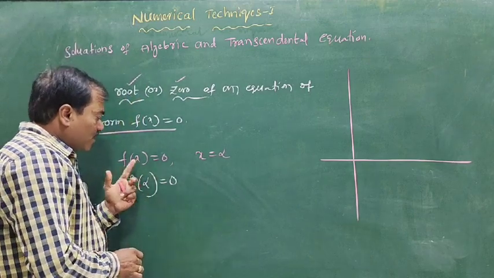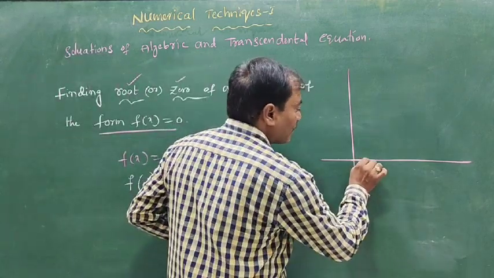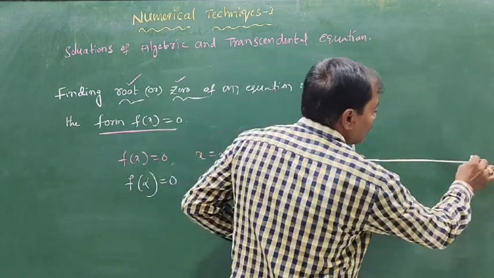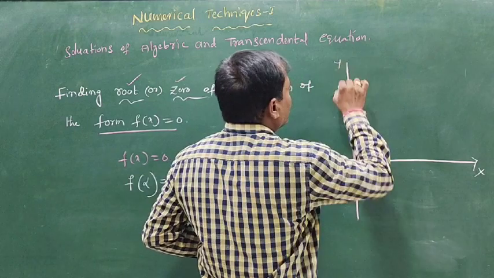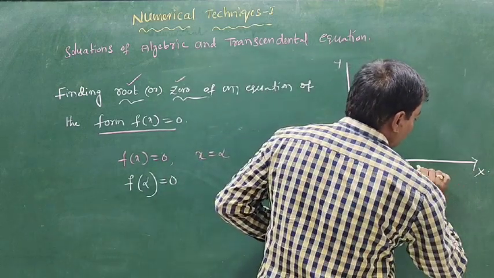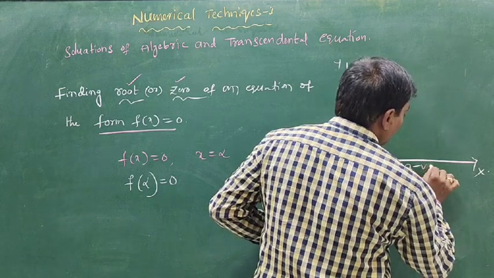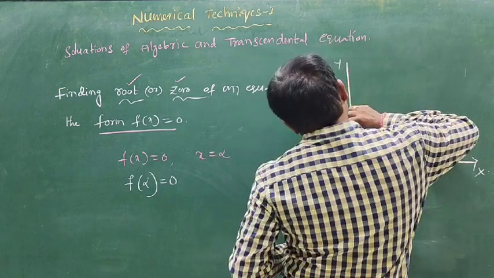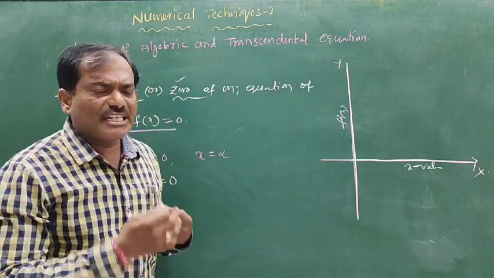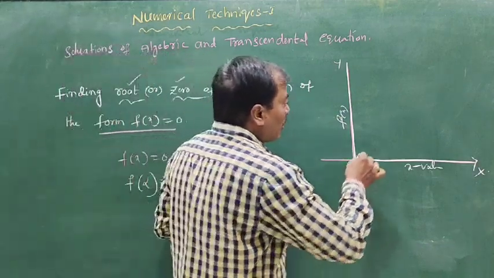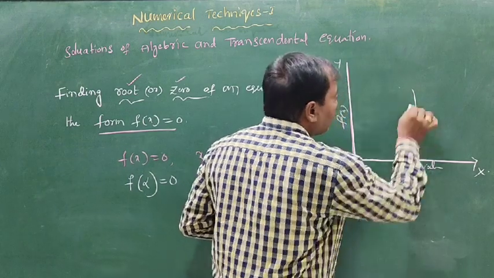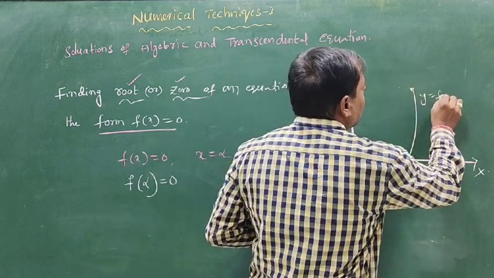If we take x values on the x-axis and function values on the y-axis, so this is the x-axis and this is the y-axis. Geometrically, if we draw a graph of the given function, this is the graph of the given function y equal to f of x.